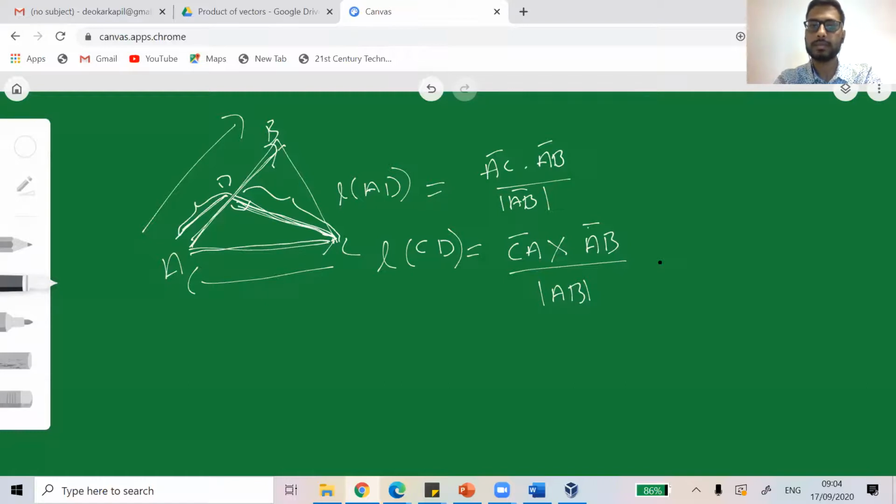Yes. You can first find the length of AD by using your dot product. You can then find your AC, if you have the coordinates of points A and C, by using the distance formula. And if you have two sides of the triangle, AD and AC, applying the hypotenuse square formula, that is, hypotenuse square is equal to this square plus this square, you can get the length of side CD.